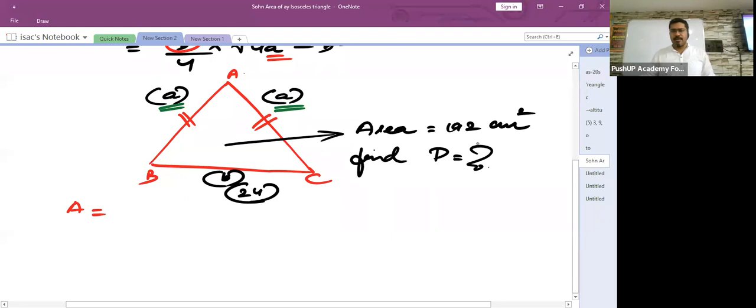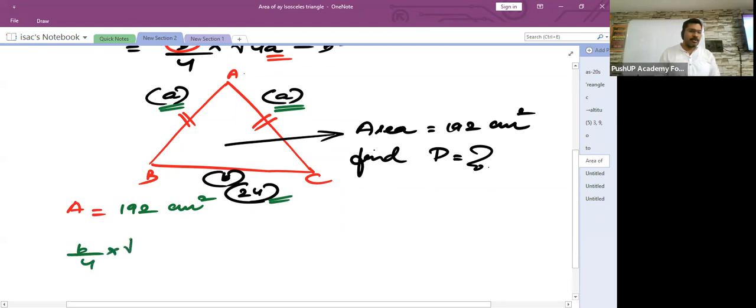Okay, how to do it? Children, the area is given to you, 192 centimeters square. The base is given to you how much? 24. Now, what is the formula to find area of an isosceles triangle? b by 4 into square root of 4a square minus b square, which is equated to 192.